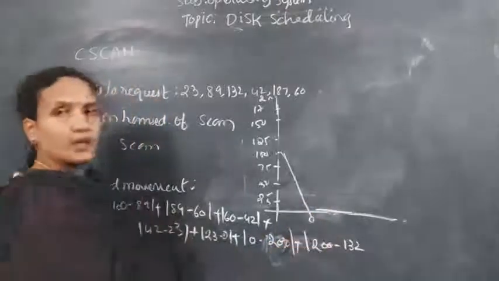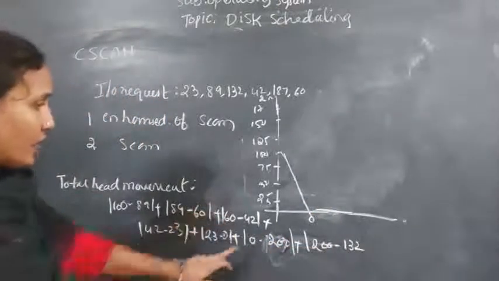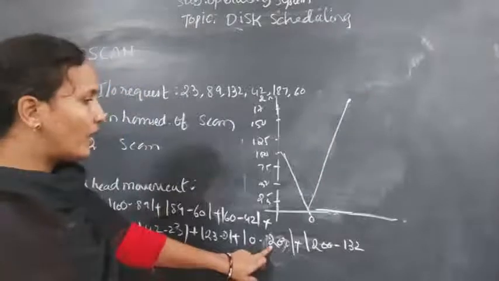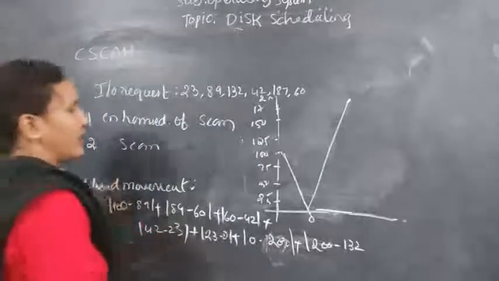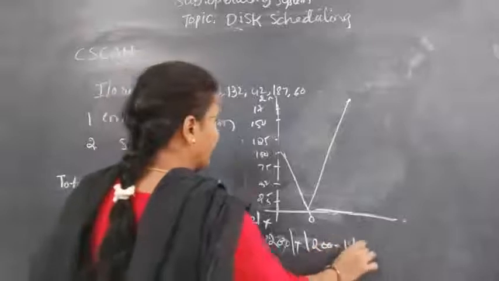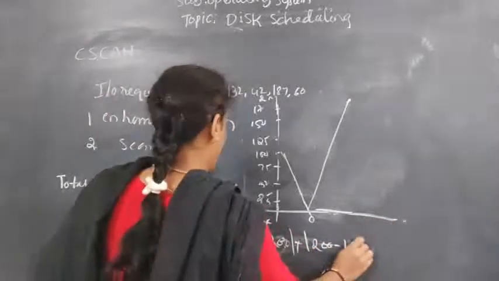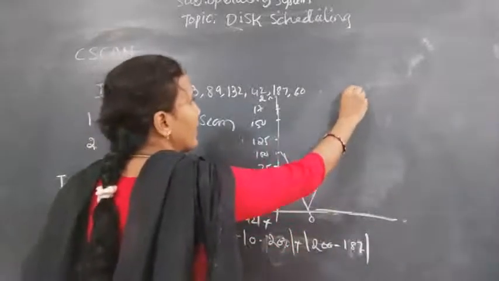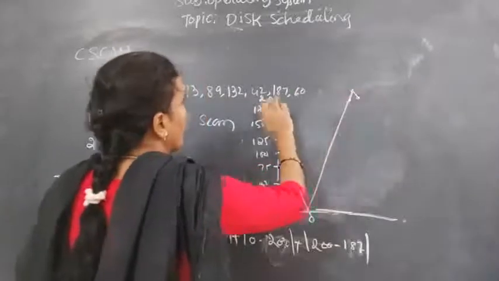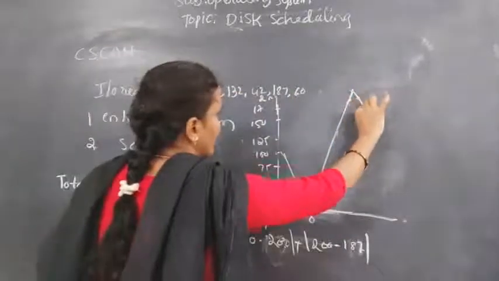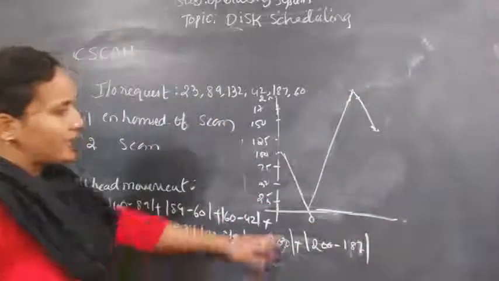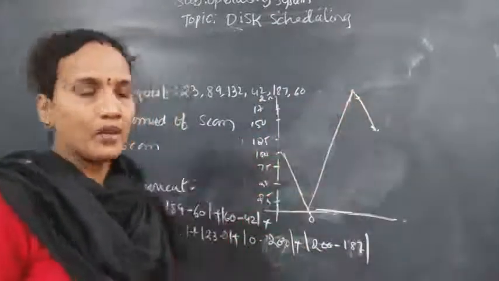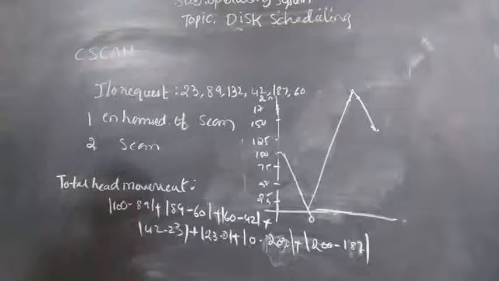Immediately after 0, it is going to 200, right? 200 to 187, 187 to 132. Like this, from 0 it is directly moving to 200, the other end, and again it is coming back. You can calculate the total head movements.